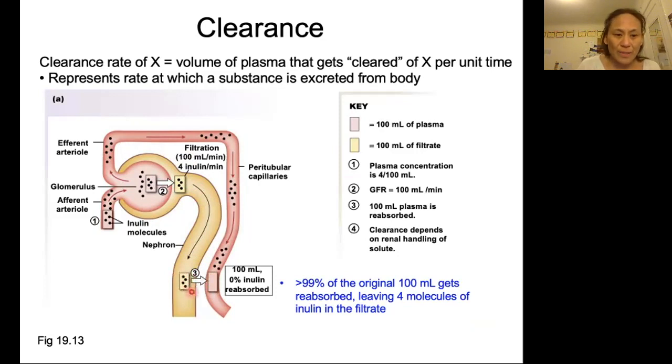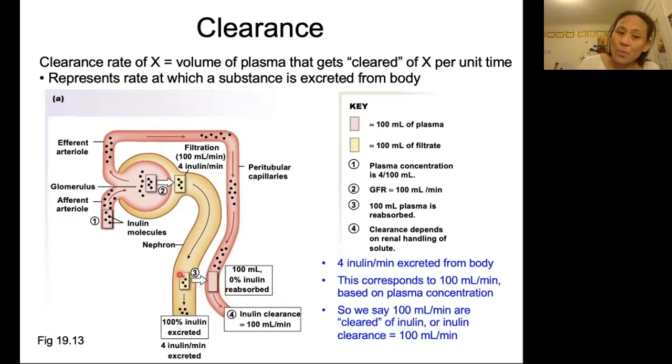So we have 100 milliliters here. It's going to get reabsorbed as 100 milliliters here. However, inulin is a molecule that doesn't get reabsorbed. So basically we've reabsorbed our 100 milliliters of fluid without reabsorbing the inulin that went with it, okay? So reabsorb 100 milliliters, leave 4 molecules of inulin in the filtrate.